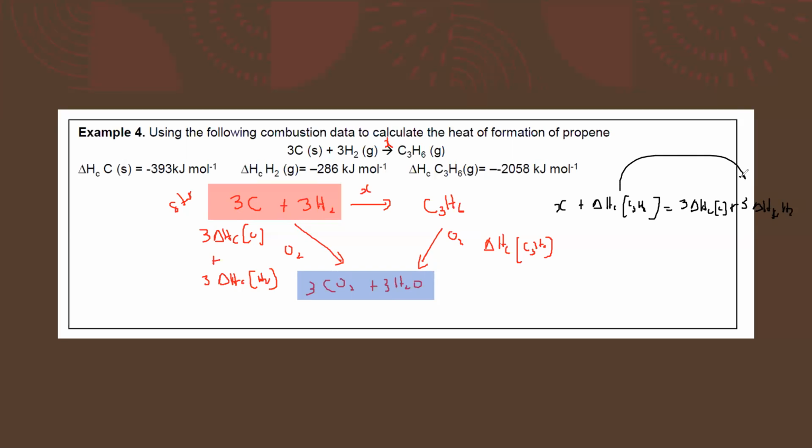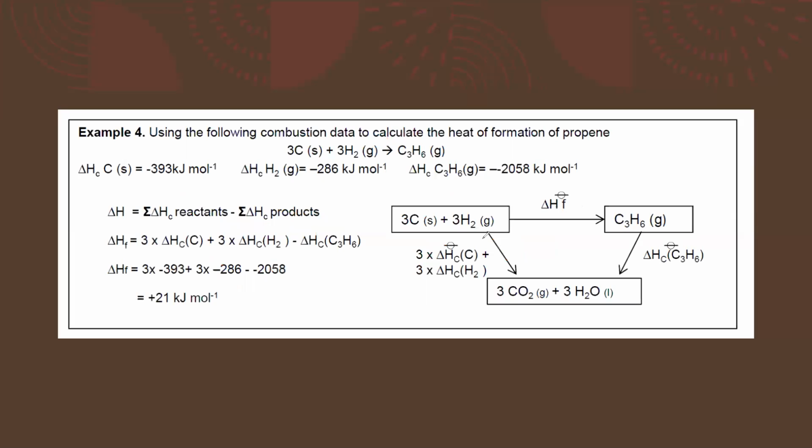And we move that to the other side and find the unknown X, which is the enthalpy of formation. Is it clear? The important thing is the position of the arrows, the direction in which these arrows are pointing. Is it clear to everyone? Any doubt?